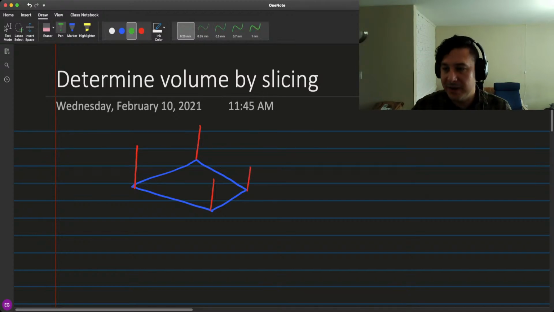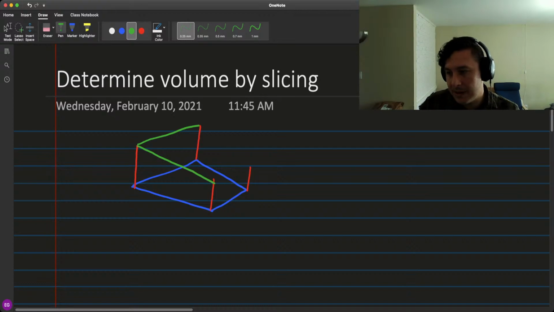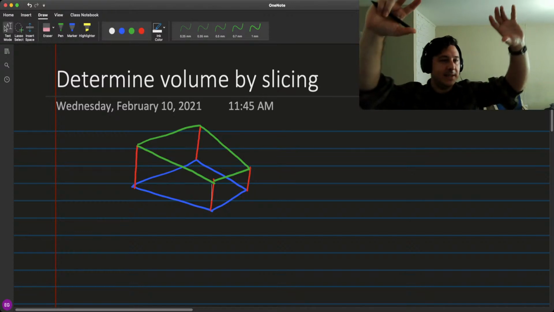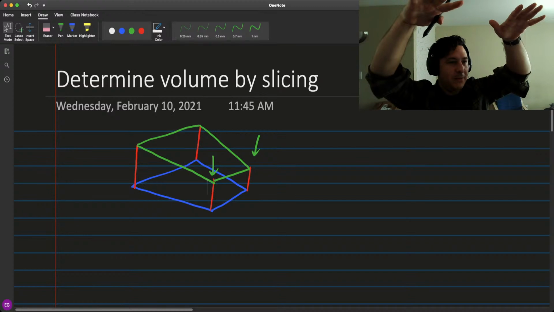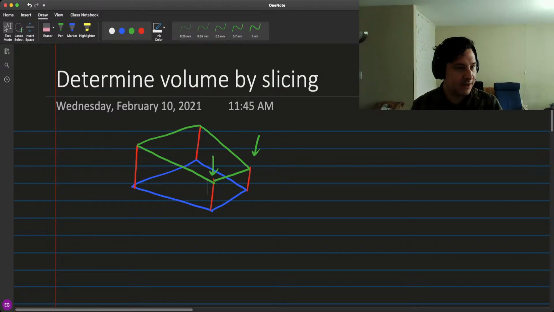I'm going to use different colors. So does everyone see how it's like a box that we smash down this end over here and also smash down that end over there? We started with a box and then you crushed it on one side. So you see how it's sloping down?